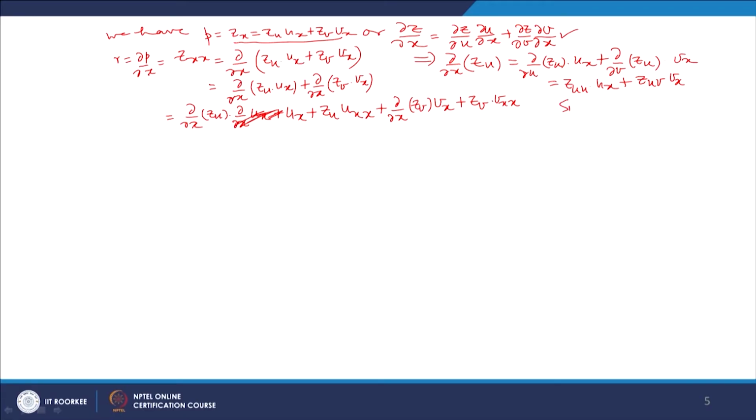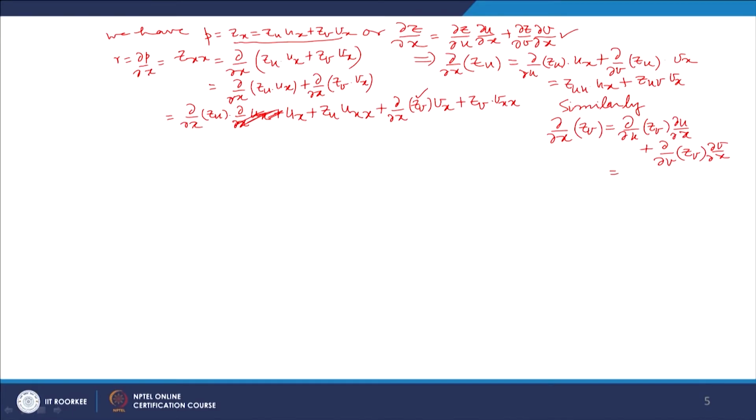Okay. Similarly, now this z_v is also a function of u and v. So, I can replace z by z_v. So, delta over delta x of z_v equals delta over delta u of z_v into delta u by delta x plus delta over delta v of z_v into delta v by delta x.